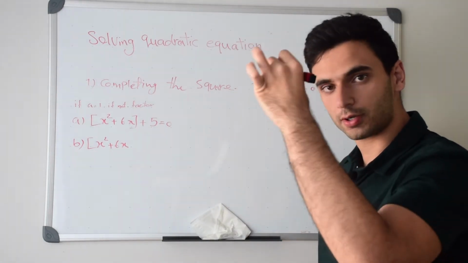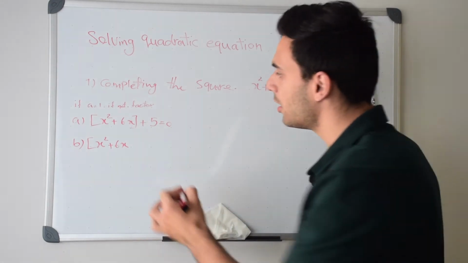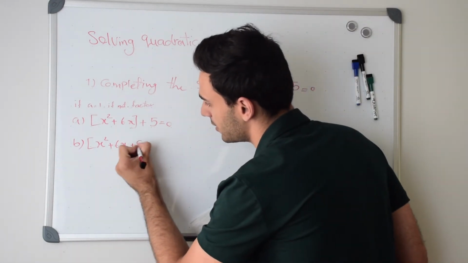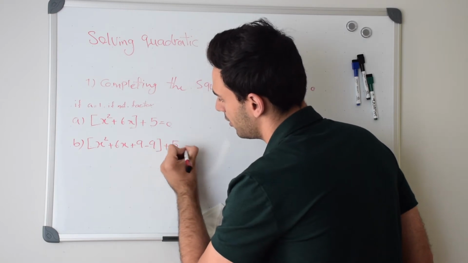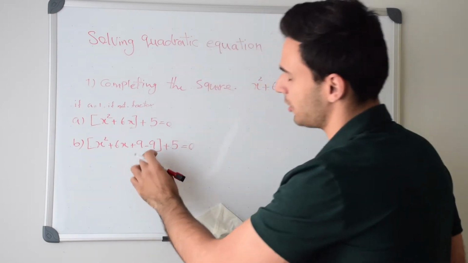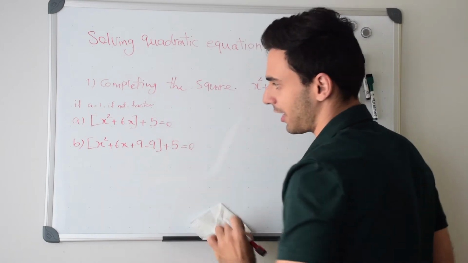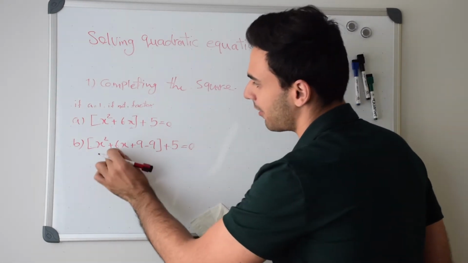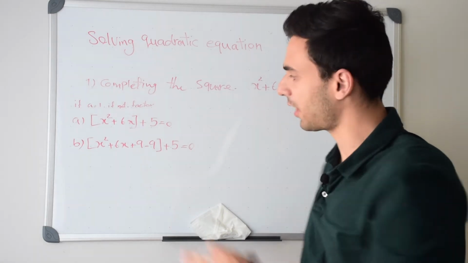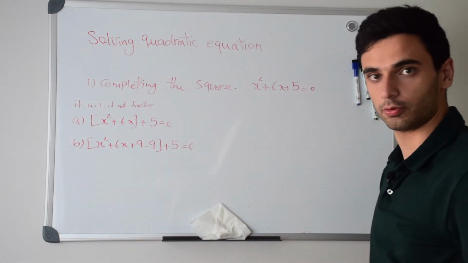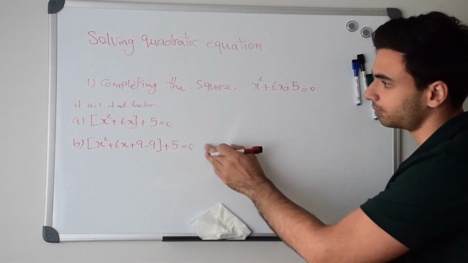And 3 squared is 9. So I'm gonna have plus 9 minus 9. What I did here is I just added and subtracted the square of half of the coefficient of x. That's what we do for completing the square.